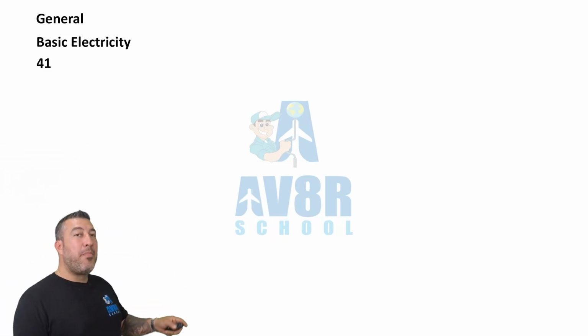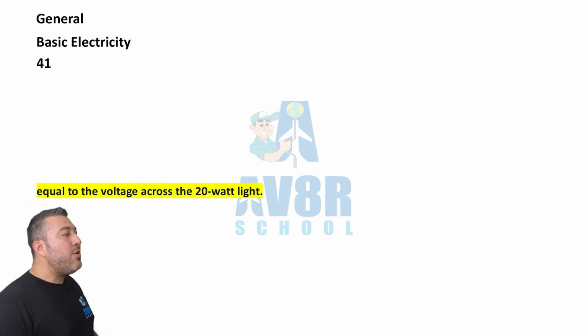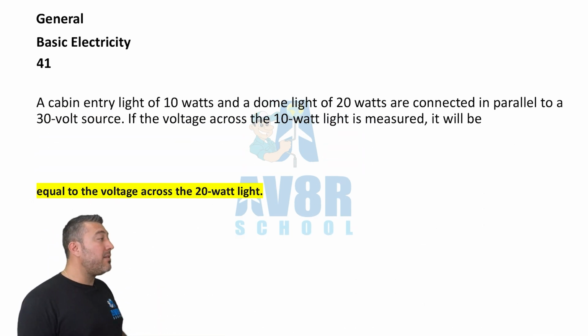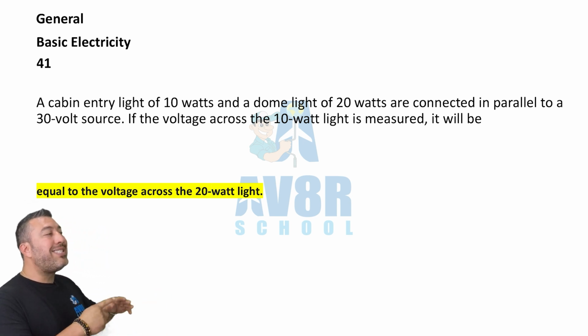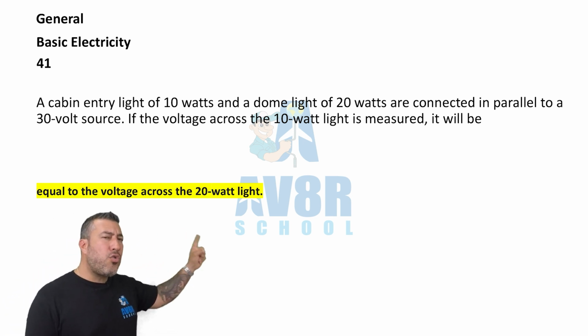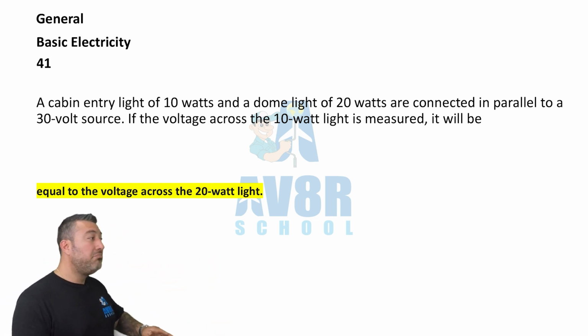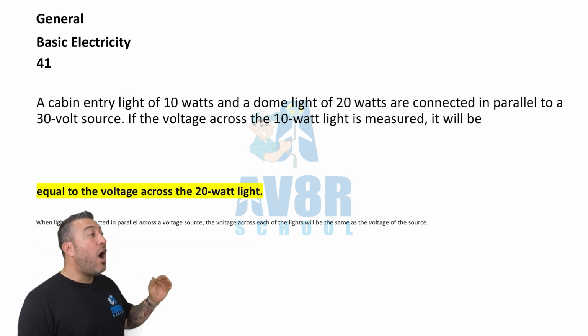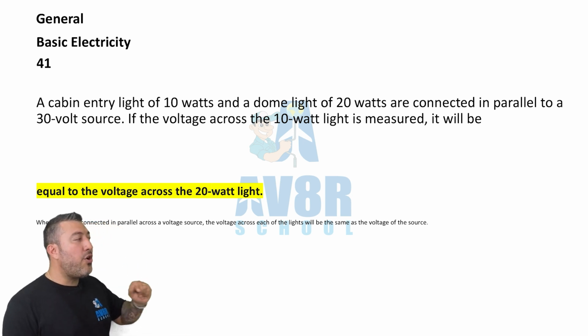Basic electricity number 41. A cabin entry light of 10 watts and a dome light of 20 watts are connected in parallel to a 30-volt source.